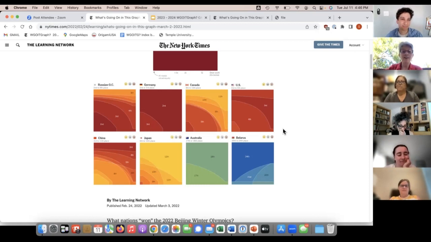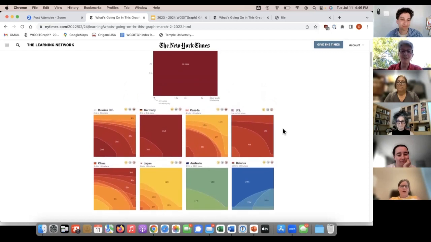Now, if I can just go a little longer, are these gorgeous or are these gorgeous? I just really had to. This is a graph about when countries win Olympic medals, gold, silver, bronze. So which country wins, quote unquote, wins?